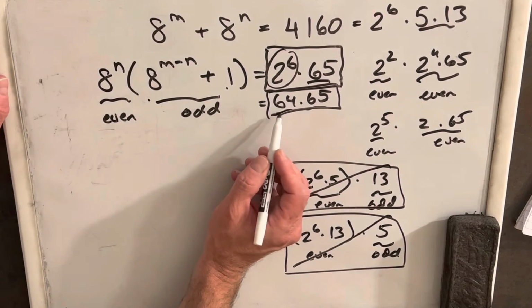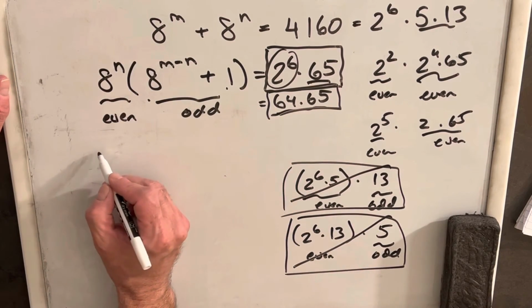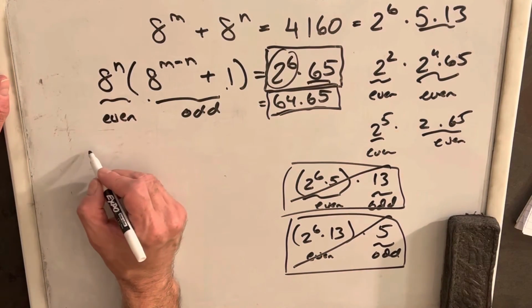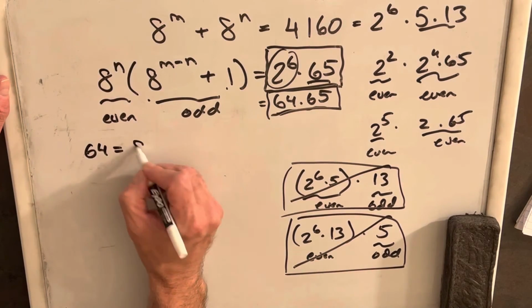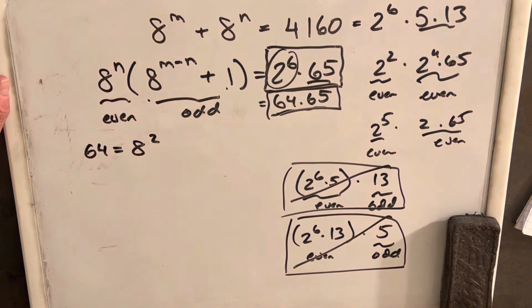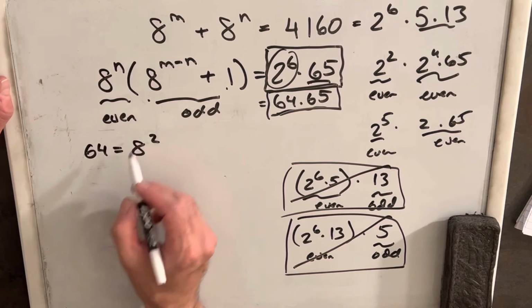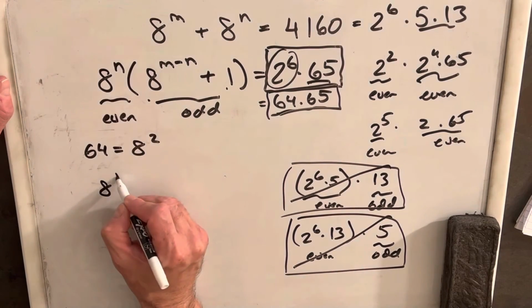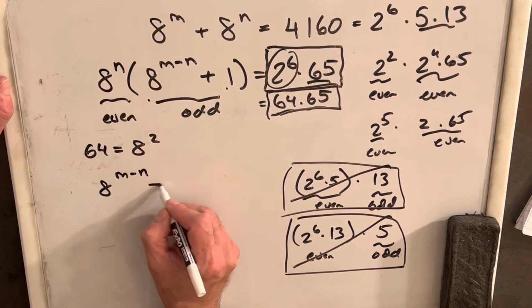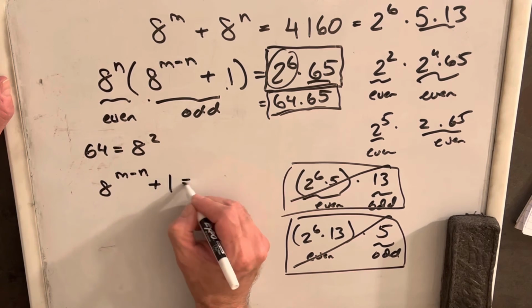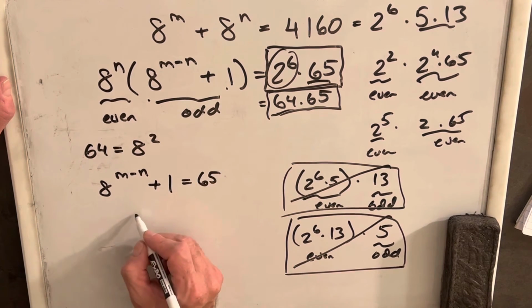Let's check this. 64 times 65. We can confirm that 64 is 8 squared. And then that just leaves us with, we need 8 to the m minus n plus 1 equal to 65.